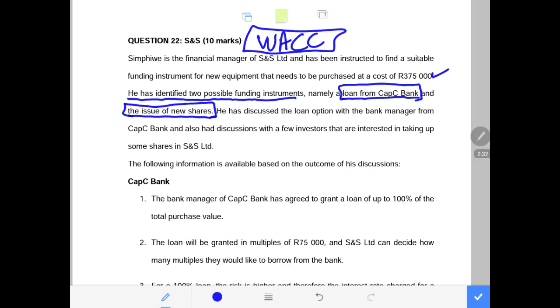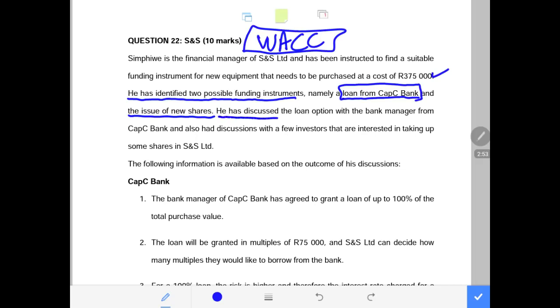In the case where the shares issued are not redeemable, because when the shares that have been issued are redeemable, therefore now they become debt, not equity. But the assumption will be that these shares currently they are equity, unless it was stated that they are redeemable.